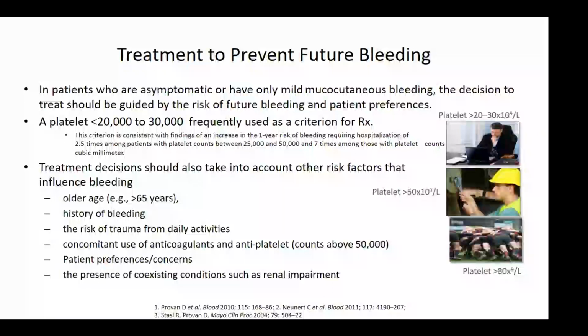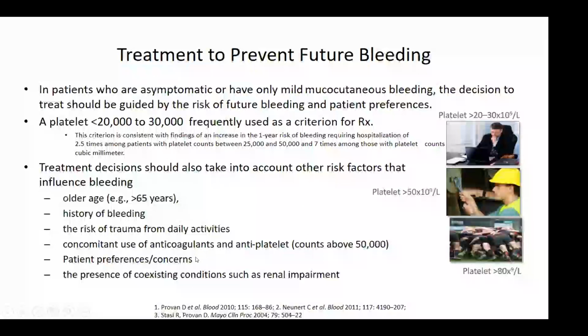If the patient is, for example, an engineer, the platelet count should be more than 50. While if the patient does heavy sport, we need a higher platelet count, more than 80.